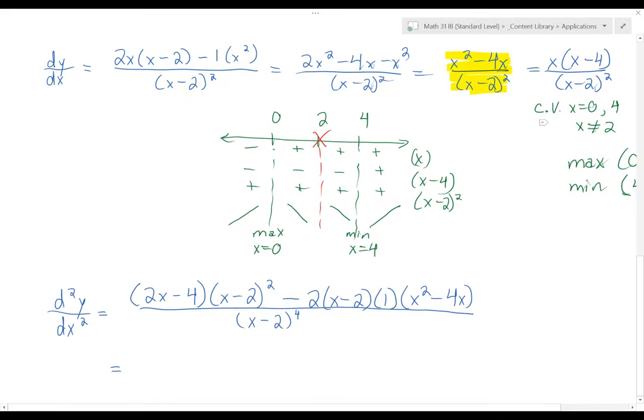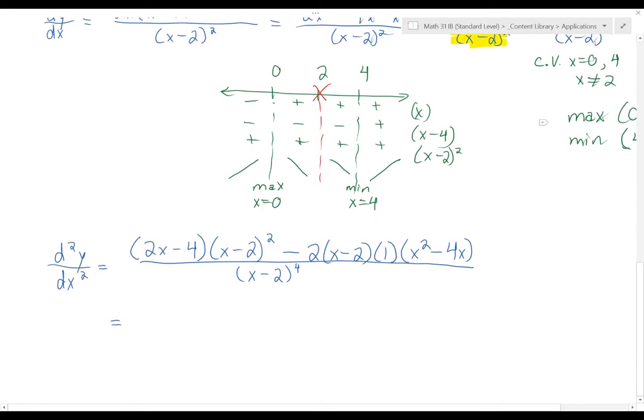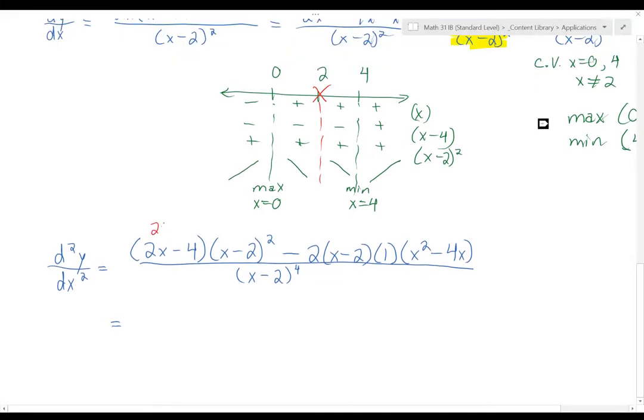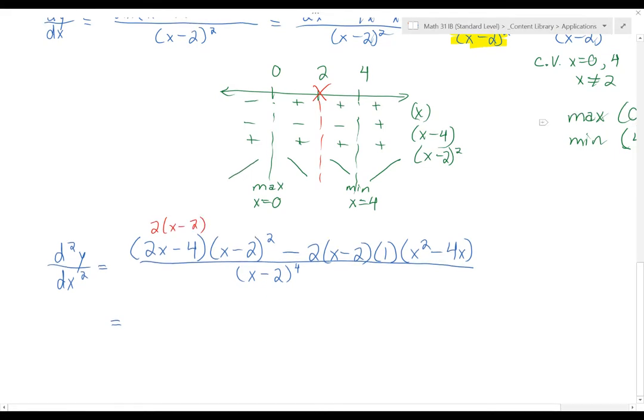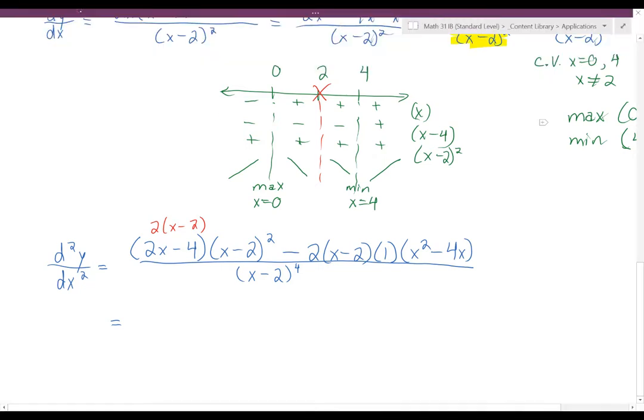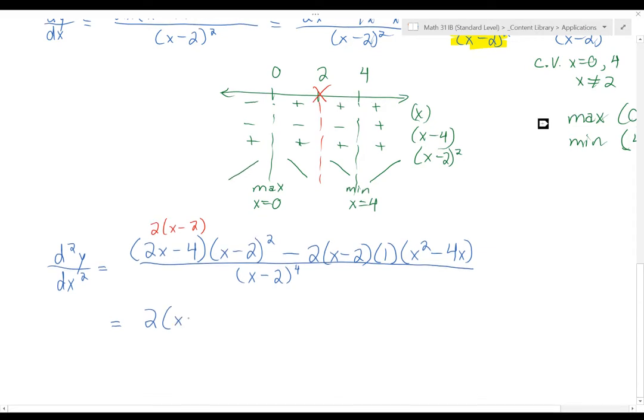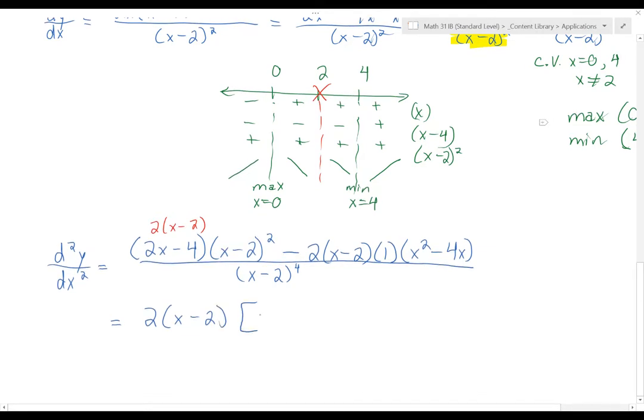So simplifying this so I can find critical values, I am going to think about this as 2 times (x minus 2), because that is potentially helpful. That is helpful in that I now see I have a common factor to both parts of this numerator of 2 and then (x minus 2). What is left of the first term is (x minus 2) squared, which I'm going to distribute out: x squared minus 4x plus 4.